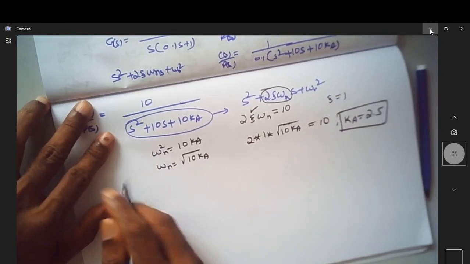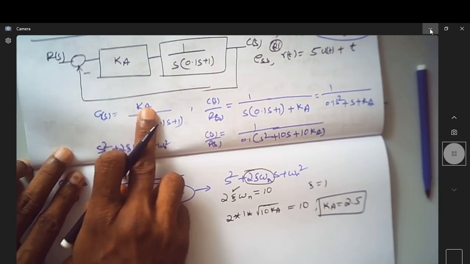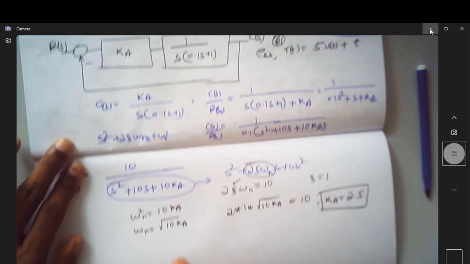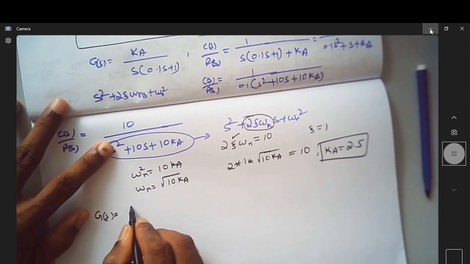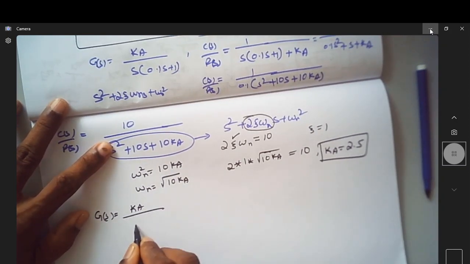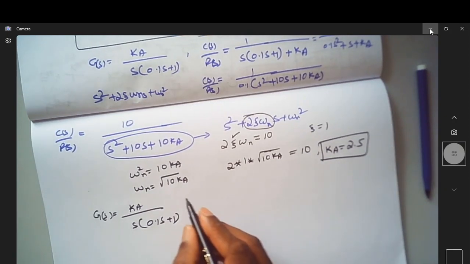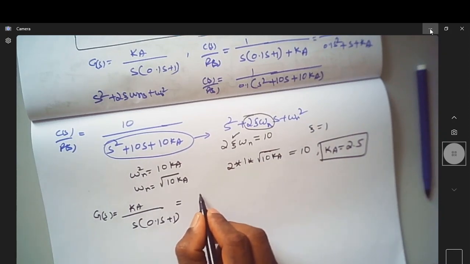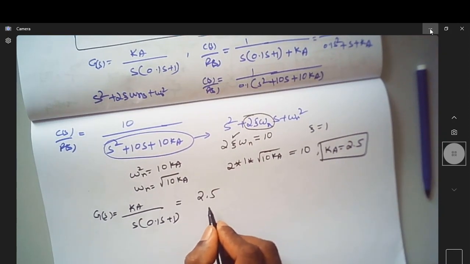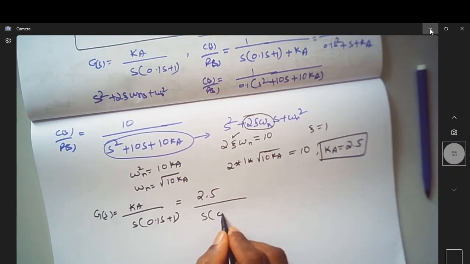So what is G(s) now? Earlier we did not know what this Ka is. So now G(s) is equal to Ka by s into 0.1 s plus 1, with Ka as 2.5.